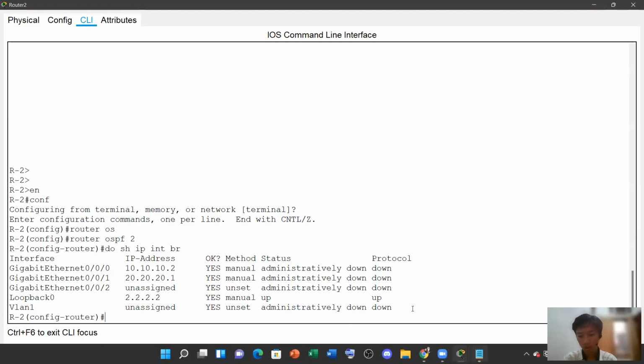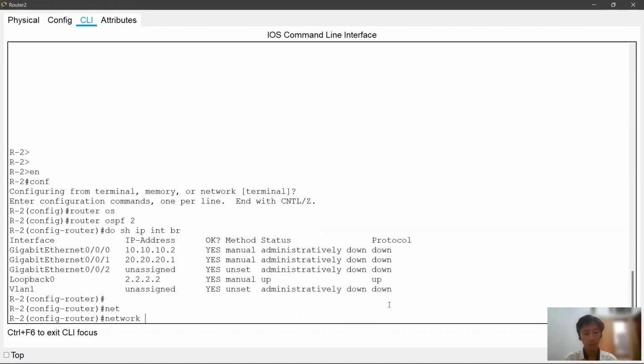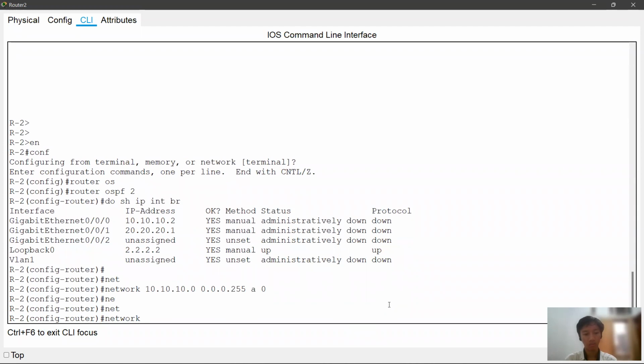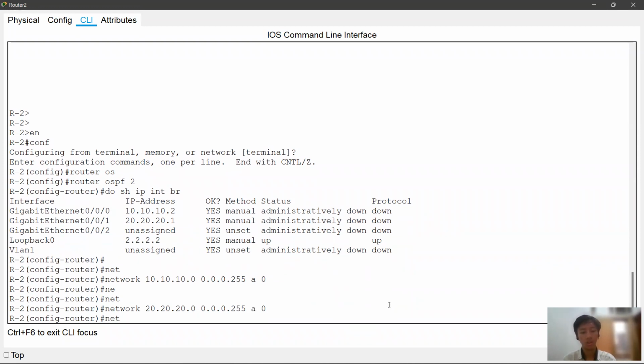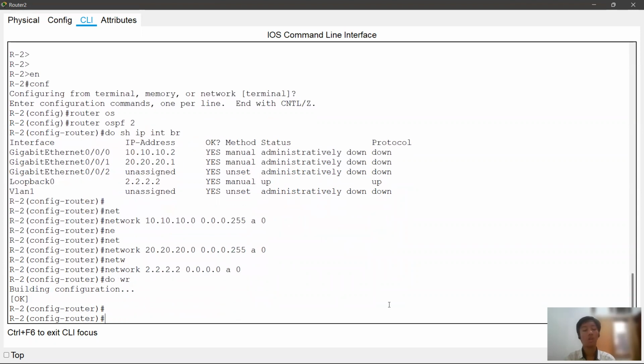Network 10.10.10.0, with wildcard, we put the wildcard from /24 and area 0, and enter, and network 20.20.20.0 with the wildcard from /24, and the loopback network with wildcard 0.0.0.0 because the subnet mask is /32.